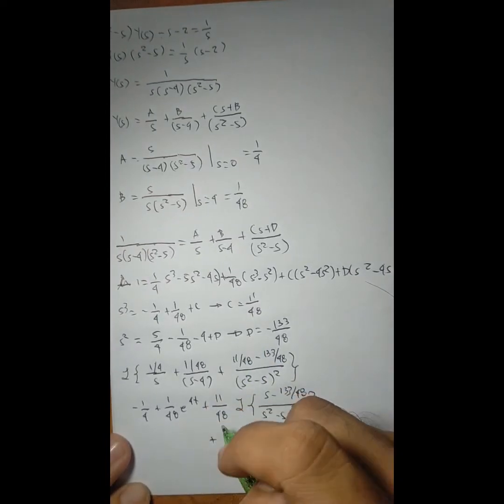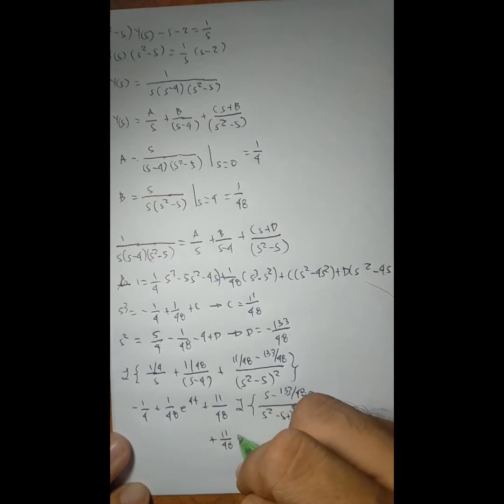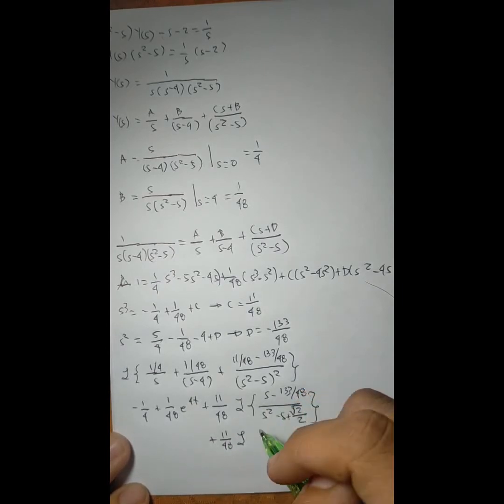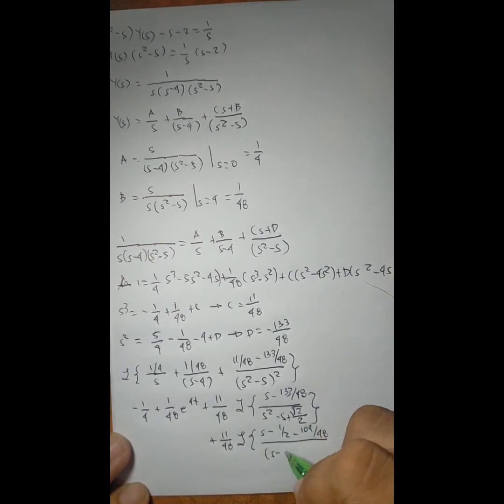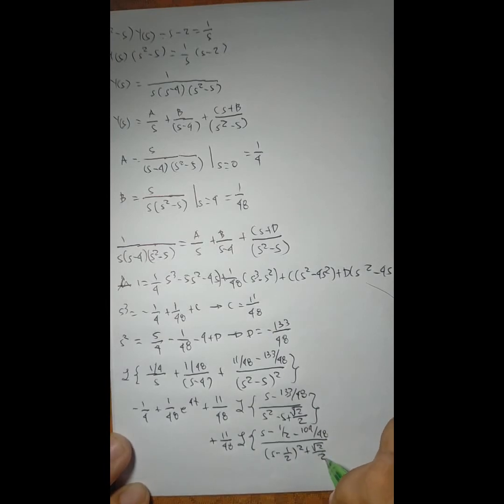And so this plus 11 over 48 Laplace of s minus 1 half minus 109 over 48 all over s minus 1 half squared plus square root of 2 over 2.